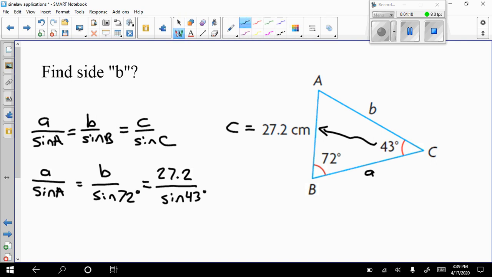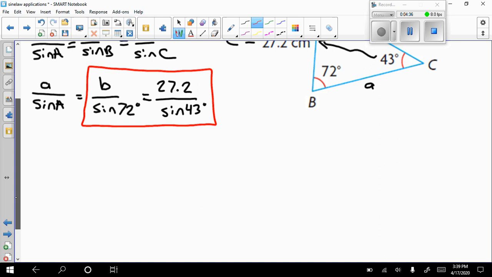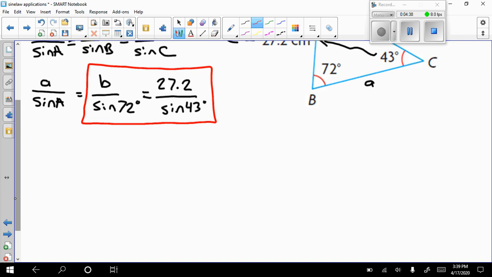Now, as we talked about in the first lesson with sine law, we don't use all three of them. We only use two, and you have to pick the one where you've got both. So I definitely have to pick 27.2 and sine of 43, and I'm going to work with this combination because I only have one unknown, and that's side B. I'm eliminating the other from my analysis.